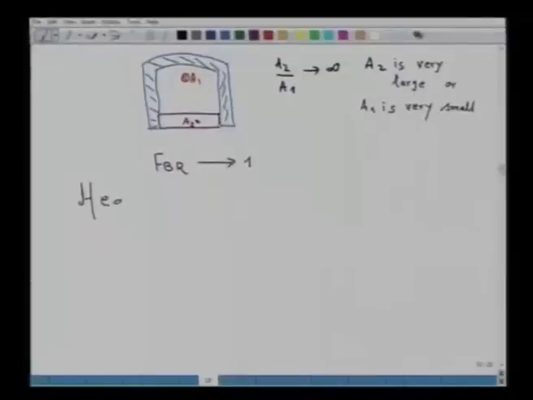Now, let us consider the heat transfer between gray surfaces, and the surface is defined by a term emissivity.